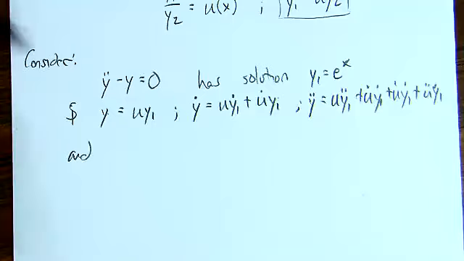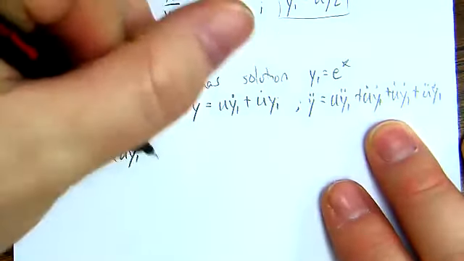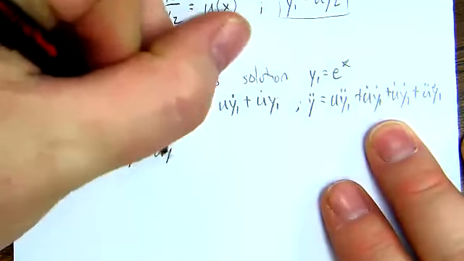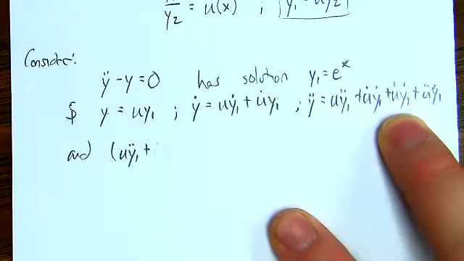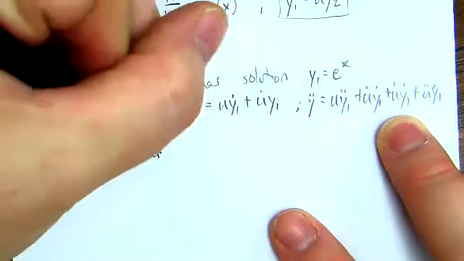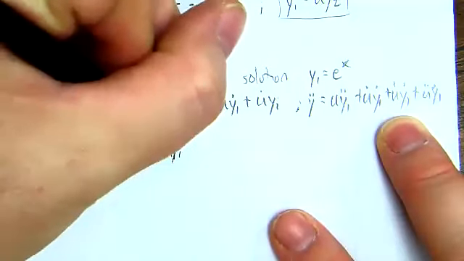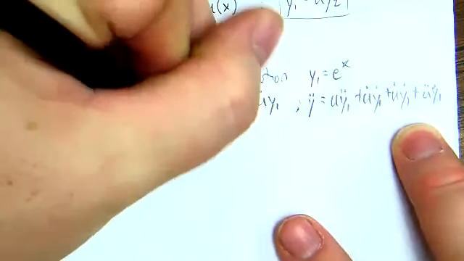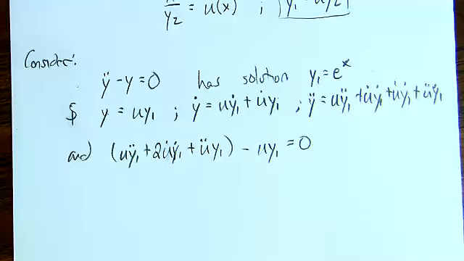Plugging this into our differential equation, the second derivative was u y1 double dot plus u dot y1 dot. I'm going to go ahead and rewrite that as two of those: 2 u dot y1 dot plus u double dot y1 minus u y1 equals 0.